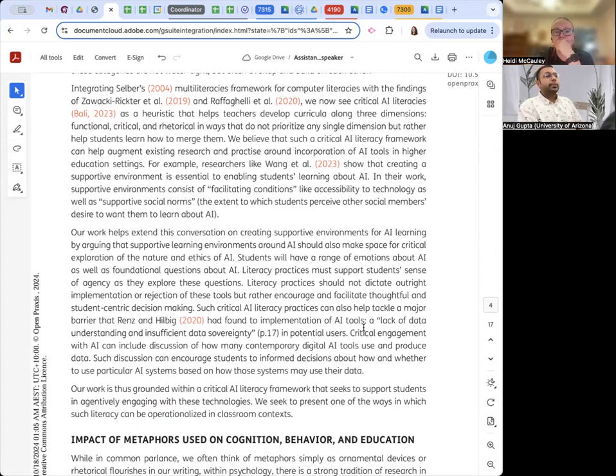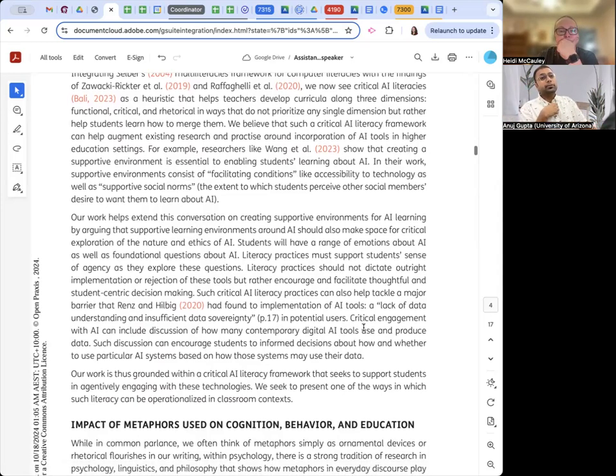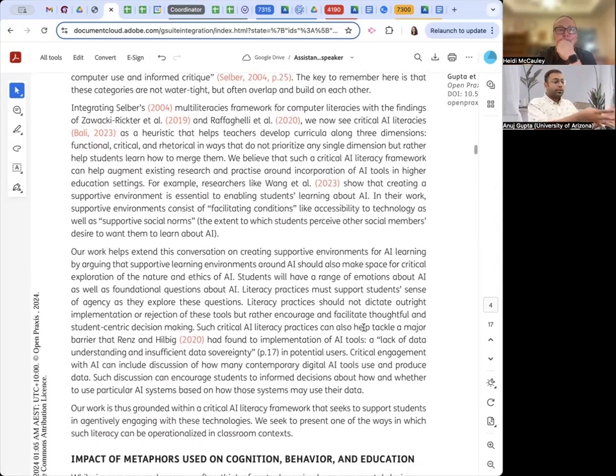And those theoretical frameworks for me are usually the ones that have the most flexible and most wide-encompassing kind of interpretive possibilities. Both the concept of how metaphors shape our psychology, shape our thoughts and behavior, and Selber's idea of digital literacies as being functional, rhetorical, critical, felt like they could offer a wide range of possibilities.